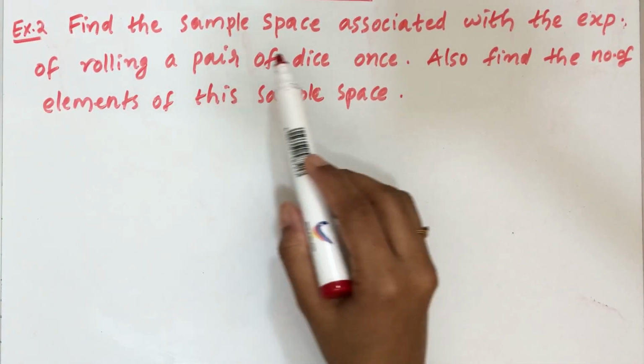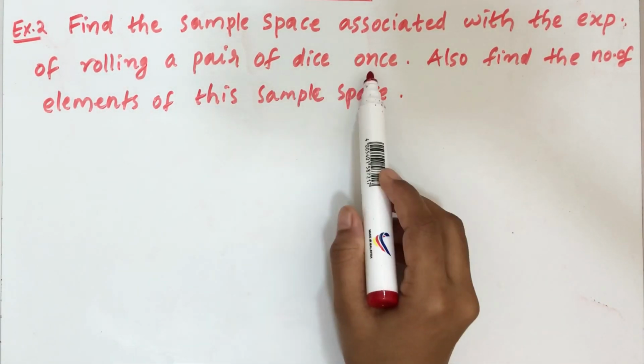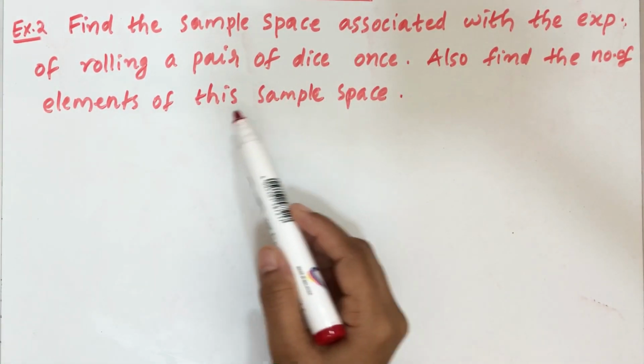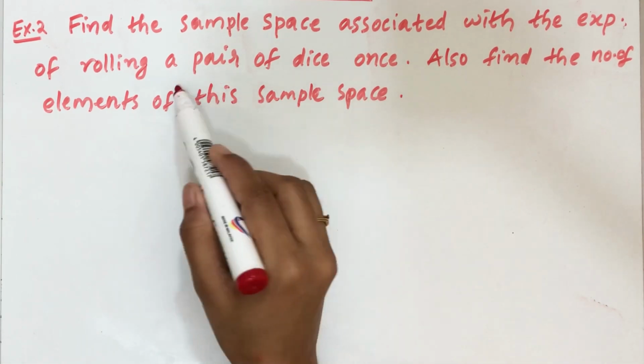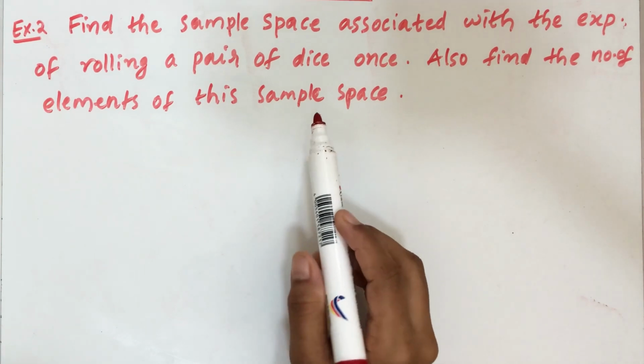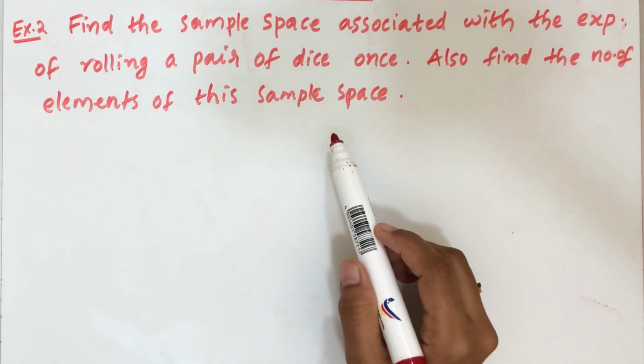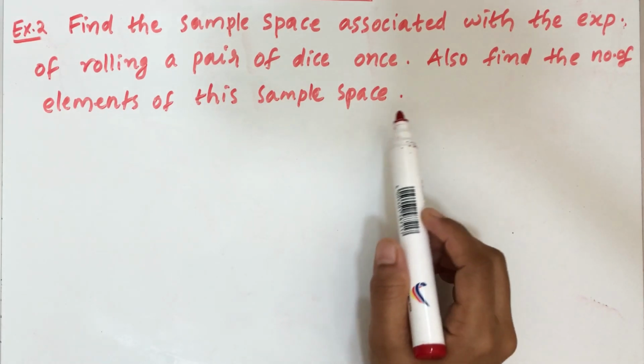Second example: find the sample space associated with the experiment of rolling a pair of dice once. Also find the number of elements of this sample space. Here a pair of dice means we are rolling two dice at the same time. We know the sample space in rolling one die is the set {1, 2, 3, 4, 5, 6}.